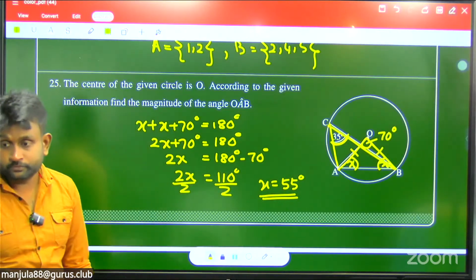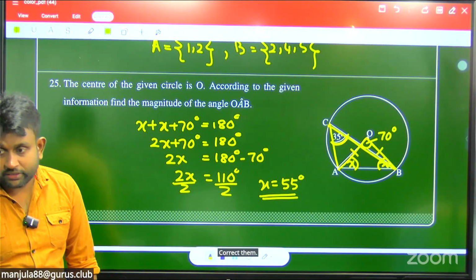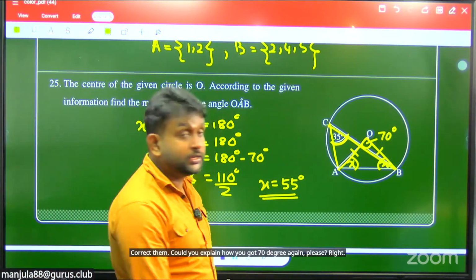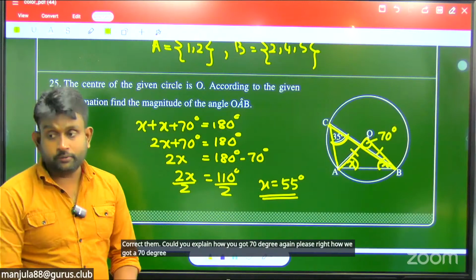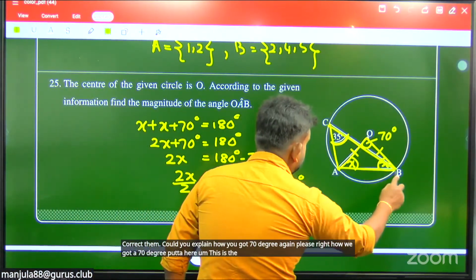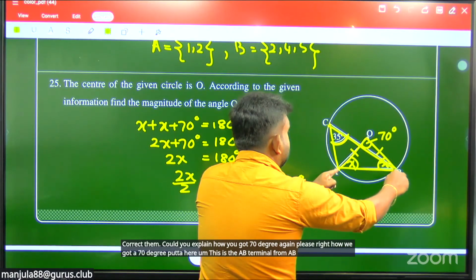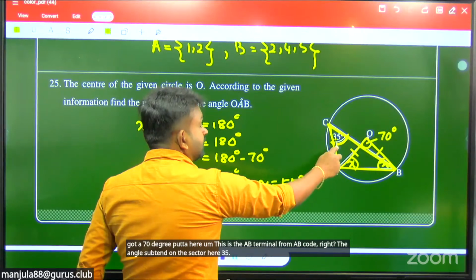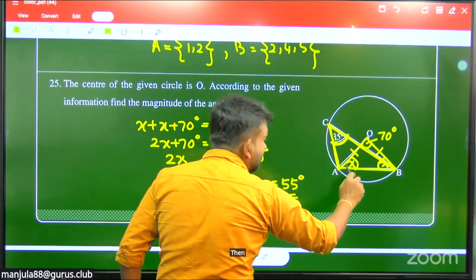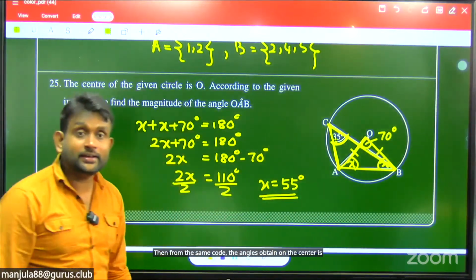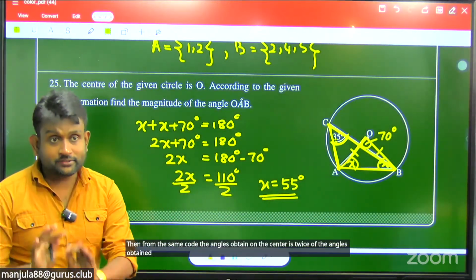Could you please explain how you got 70 degrees again, please? Right. This is the chord AB. From chord AB, the angle obtained on the circumference here is 35. Then from the same chord, the angle obtained at the center is twice the angle obtained on the circumference. That is the theorem.